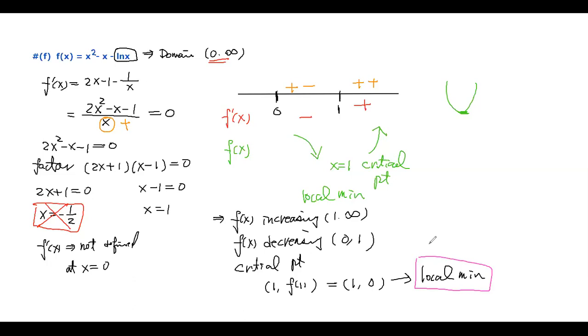Then you put them on the number line and decide which interval is positive and which is negative. If f prime of x is negative, the function is decreasing; if f prime of x is positive, it is increasing. Also, based on the pattern, you can decide whether the critical point is a local max or a local min. So that's it.